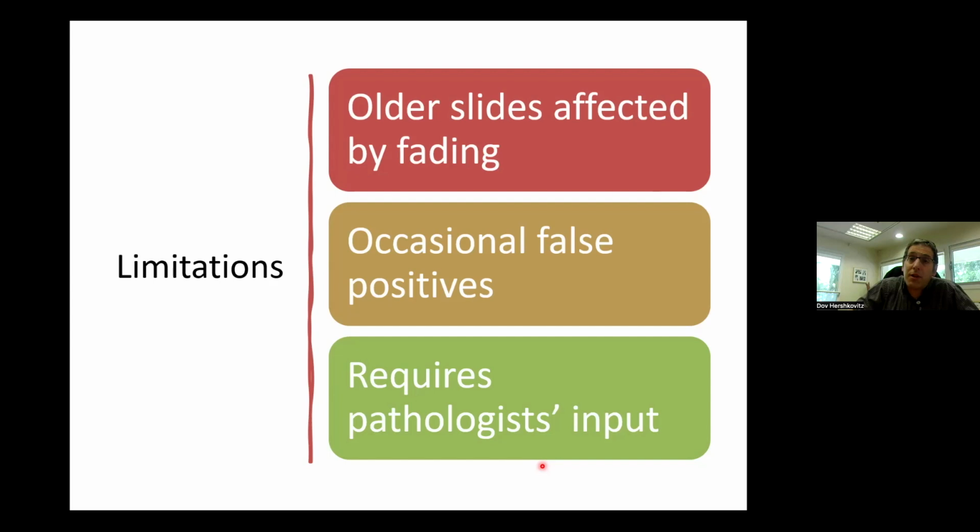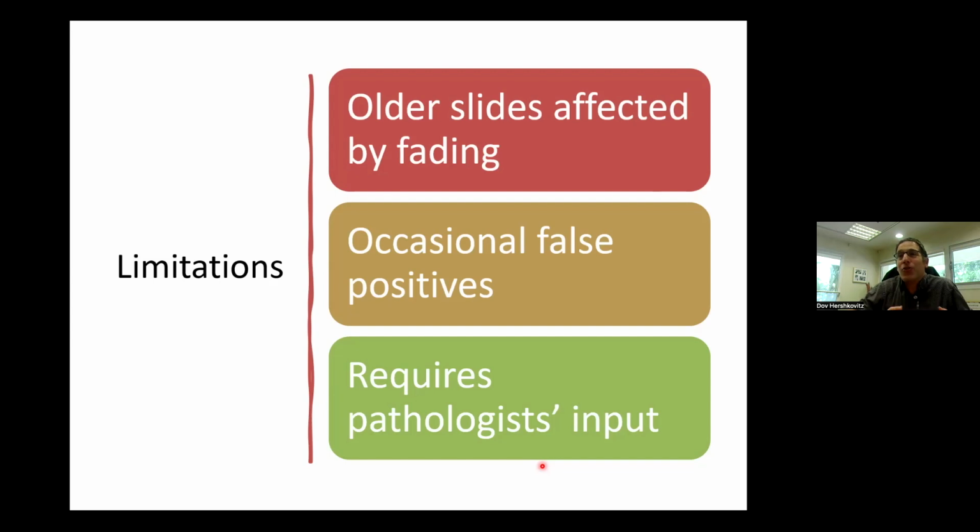And another problem or limitation. So in some cases, pathologists classified the image as positive ganglion cells. So this is also something that we need to think about.